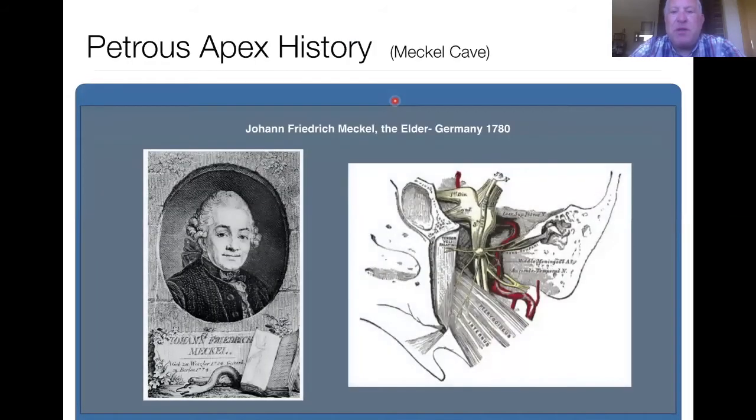I think the first place to start is with a little history of the Petrous Apex, and that is Meckel. Meckel was a German anatomist. He comes from a family of 4 or 5 German anatomists, and in the late 1700s, he was the one who described the Meckel's cave, which is the anatomic boundaries or the dural envelope that encompasses the trigeminal nerve.